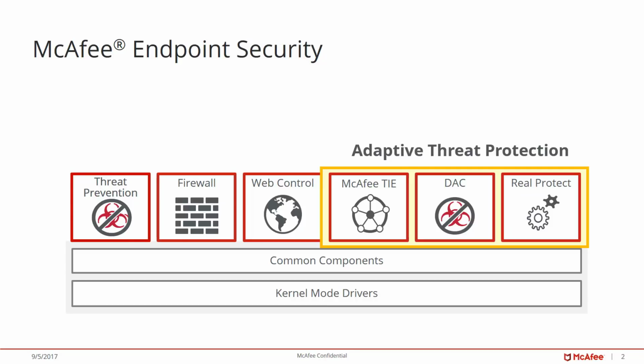And then there's another technology called dynamic application containment, where if we allow a process to go ahead and execute, we can start blocking certain behaviors if that process does not meet a certain trust level. So we're going to dive right into a live demonstration of these technologies so you can see what they look like in action.